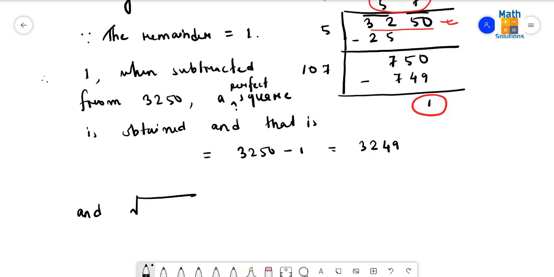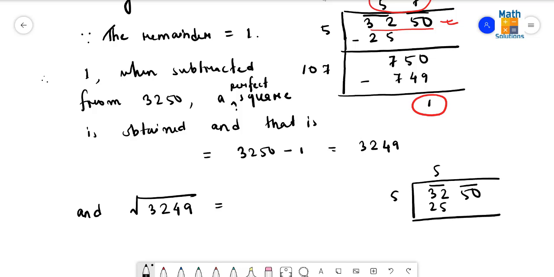Square root of 3249. How would we find out? Like the previous one, actually we already got it. It is just a verification. Pairing is done. 5 5 ja 25. Then after 7, sorry, I made a mistake. I should consider this here as 49, the new number. Okay, this new number we have to consider.